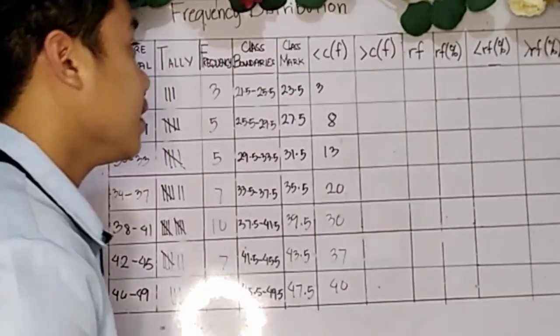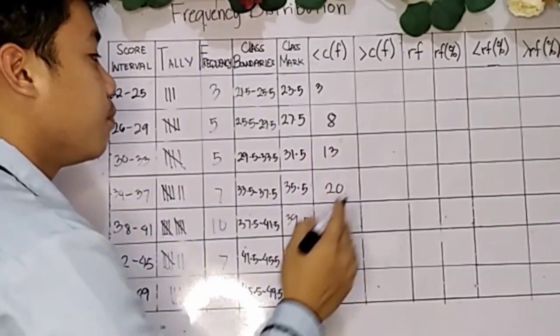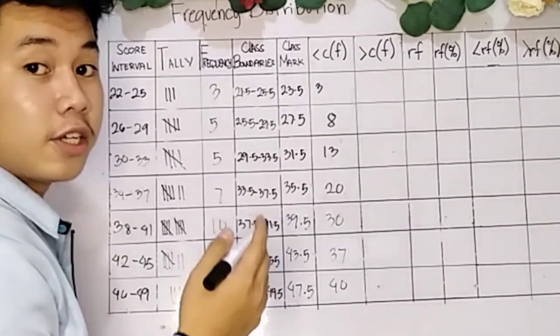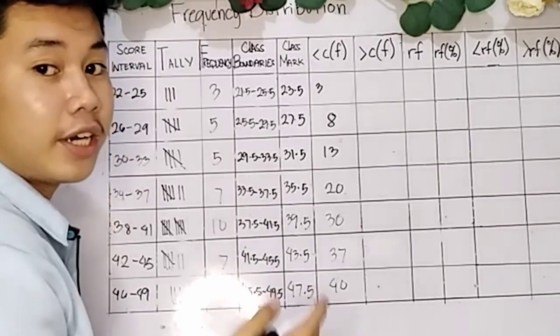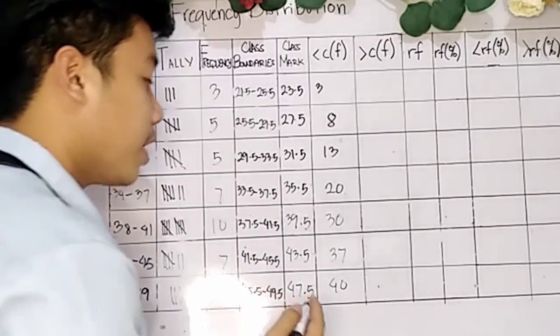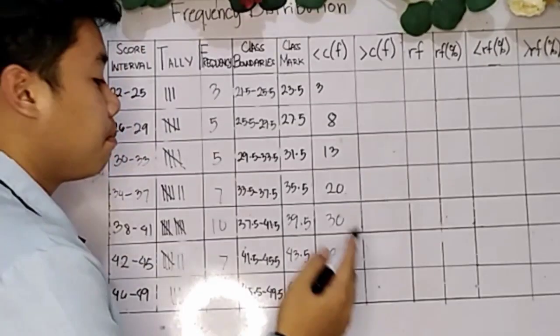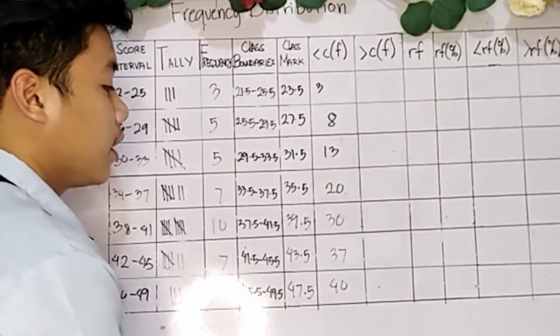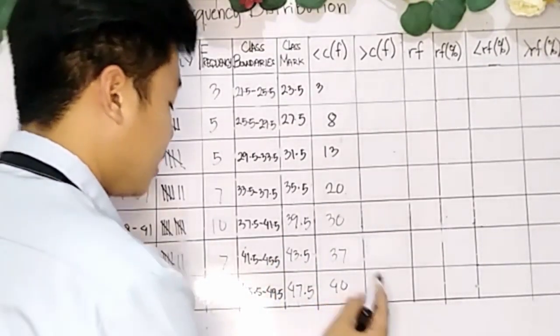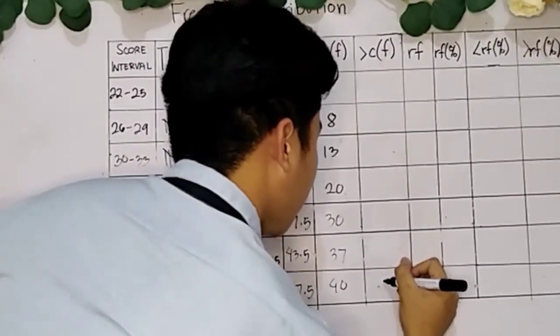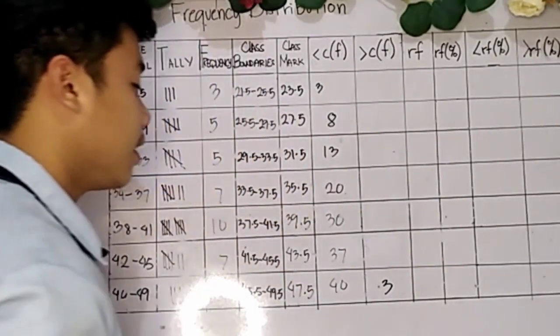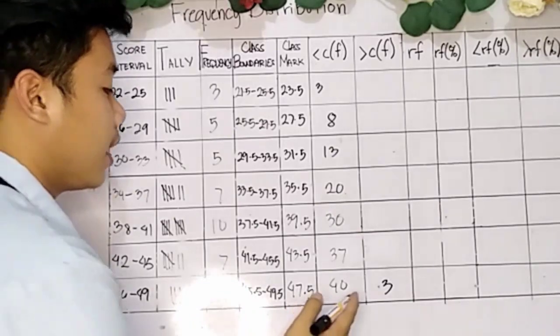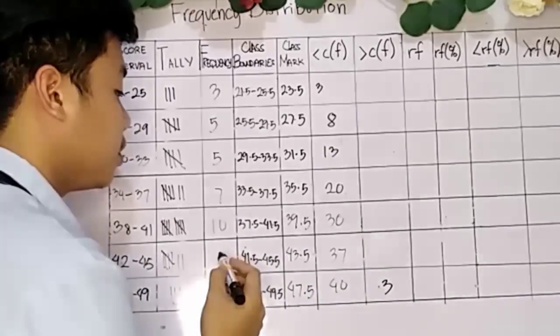The next part is the more than cumulative frequency. By solving this, we need to start at the bottom. The same process, we need to copy the preceding frequency. Since the preceding frequency is 3, we just copy the 3, and then the same process, add the successive frequency, which is 7.